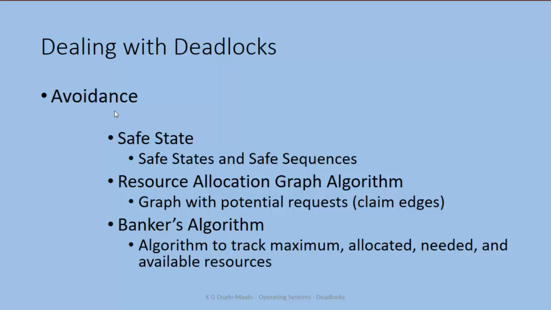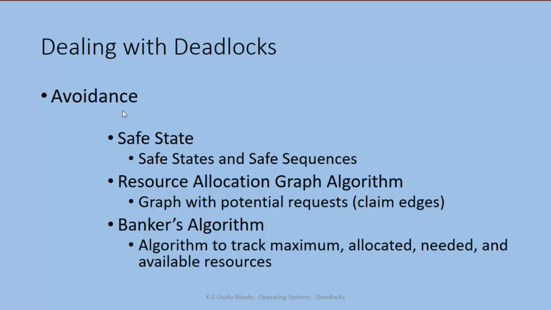Let's go on to avoidance. Avoidance means trying to manage the information so you don't end up in a deadlock scenario. This is usually done by some algorithms or paying attention to the state of the system. So the first thing we say is we can try and keep track of our safe state. Now, a safe state means that you are in a scenario such that you know there can be a sequence of acquisitions and releases so that you can complete your work.